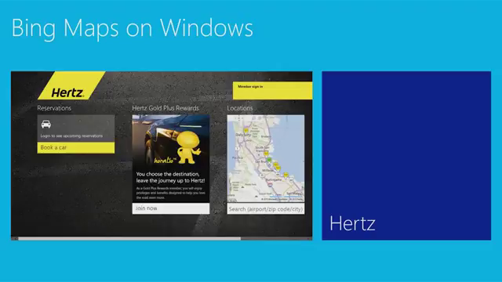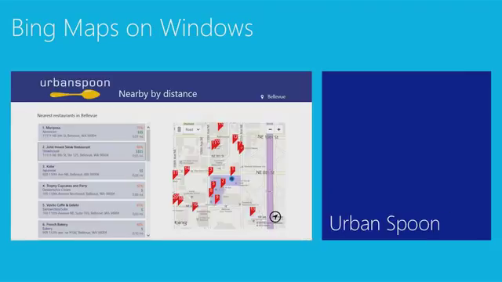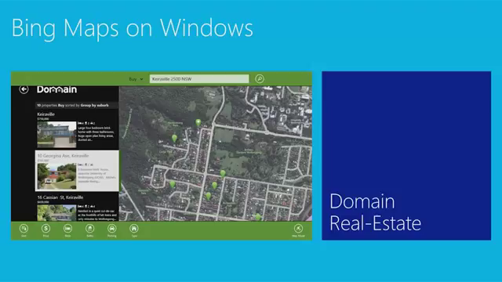If you don't have a car, you can also use these applications to find a rental car. There are others that find you flights or hotels in foreign cities. There are applications that find you food, others that find you a property.